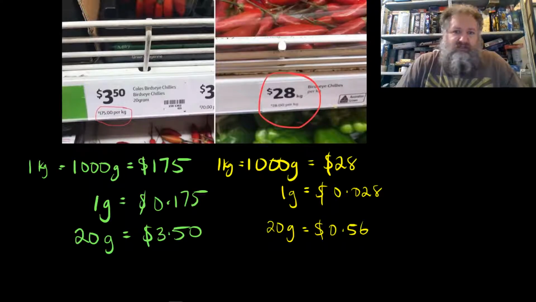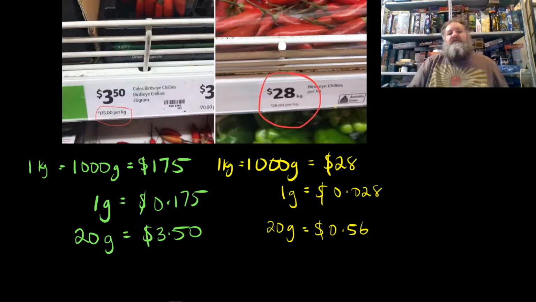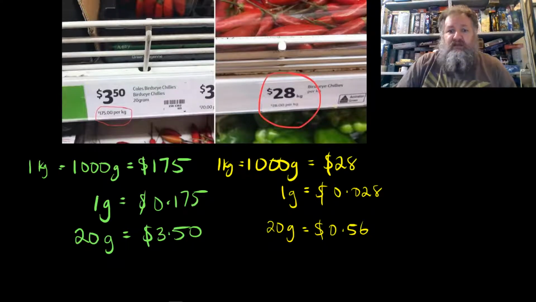But that's not a good deal, not in terms of the unitary price and what you're actually paying for what you get. You get the same amount in both of these instances. Here, you pay $3.50, on this side, 56 cents. So which do you think is better? That is the power of the unitary method, of using the unit price to be able to determine how much things are worth and what you're getting.